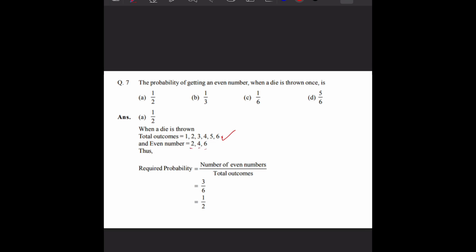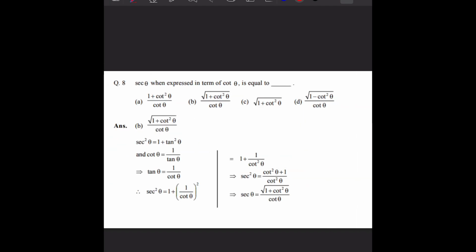So total outcomes are 6, and even numbers are 3. So that is 3 upon 6, which is equal to 1 by 2. What is my correct option? Option is 1 by 2. Moving on to the next.